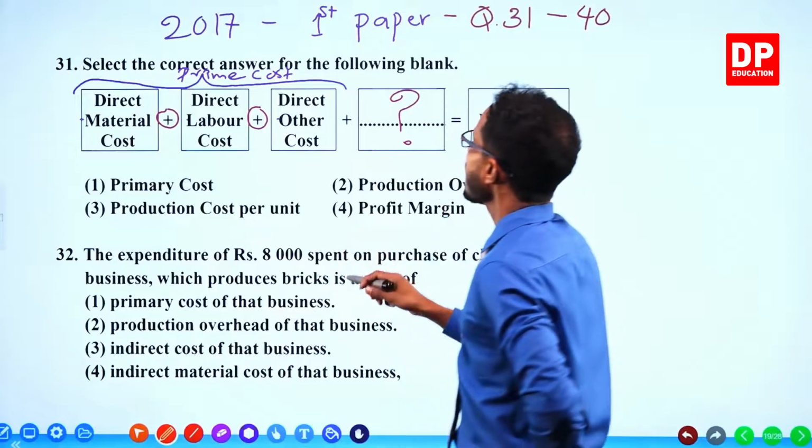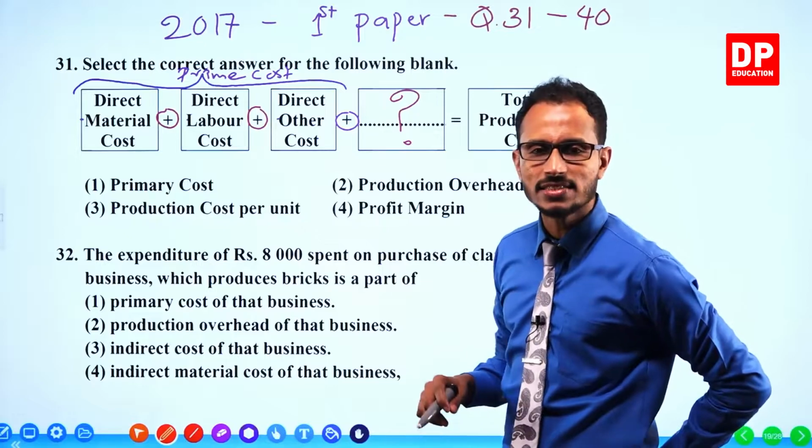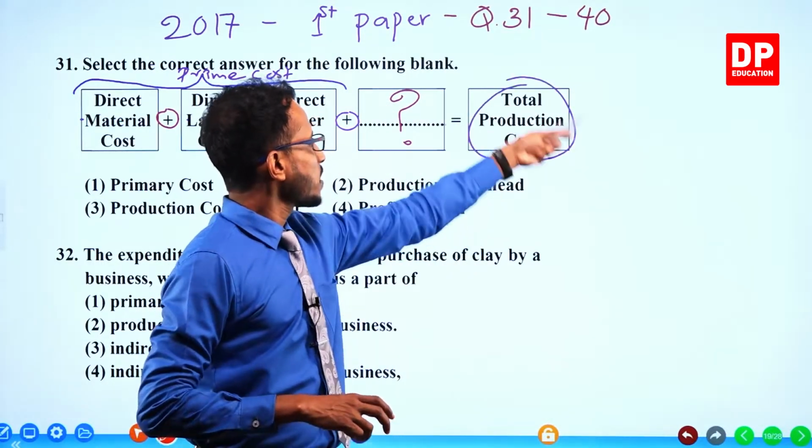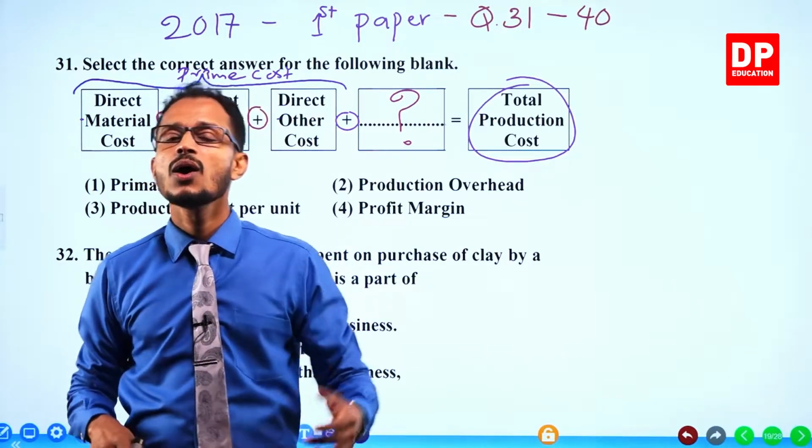So prime cost plus what makes the total cost? Prime cost plus overhead cost.